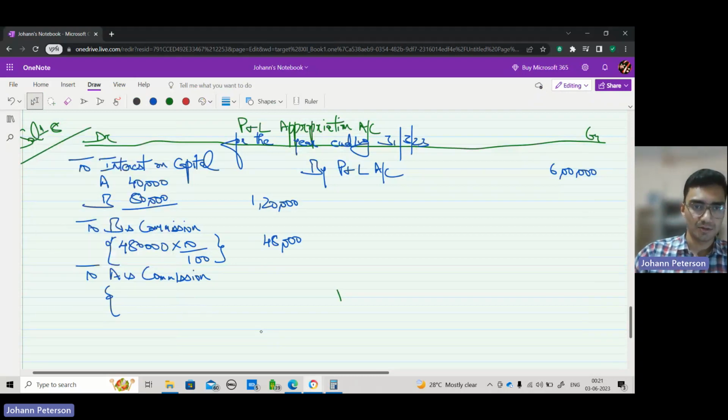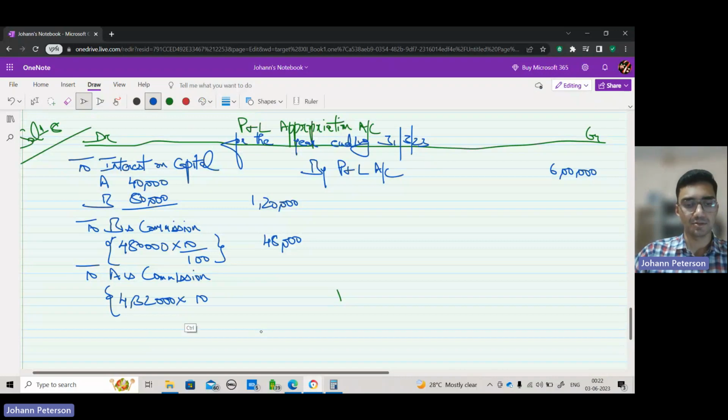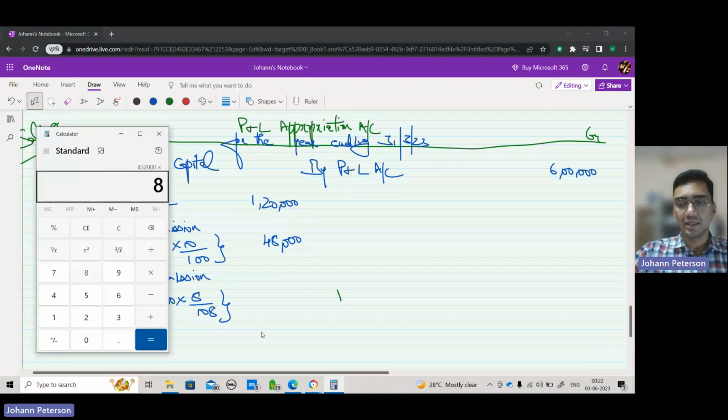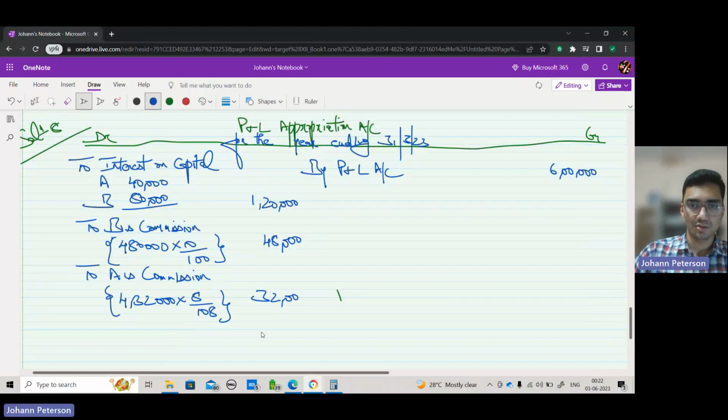So A's commission is on 4,32,000 into, is it 10? No, it is 8%. So 8 upon 108, because this is after charging such commission. So 4,32,000 into 8 divided by 108 makes it 32,000. So A's commission is 32,000.